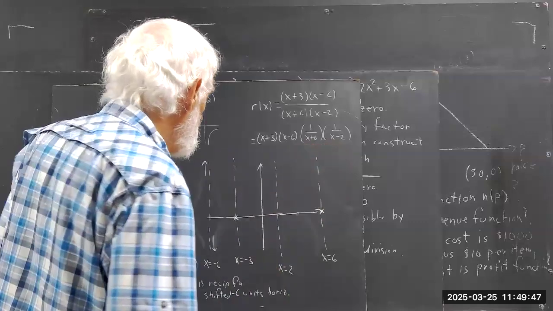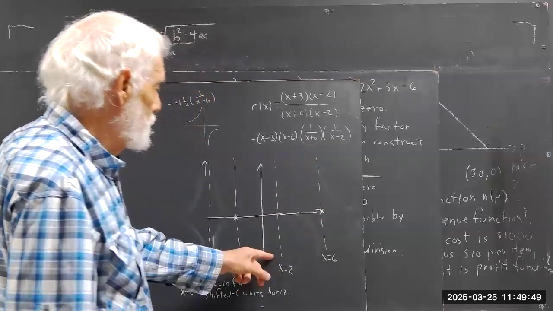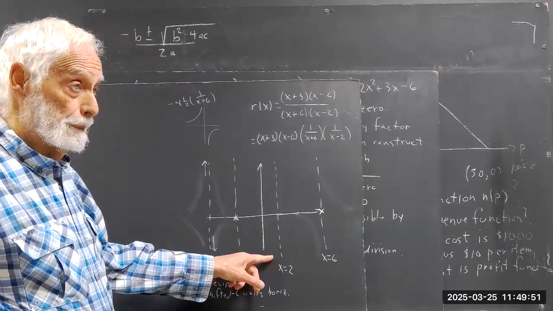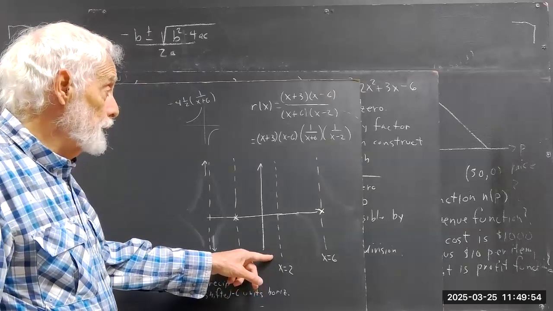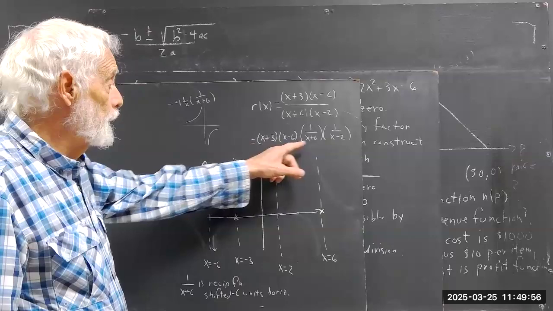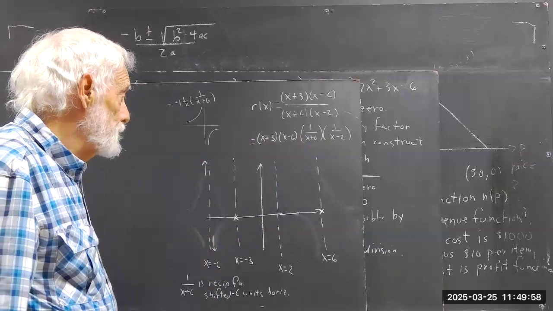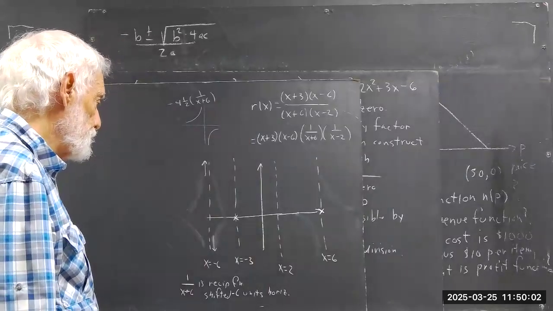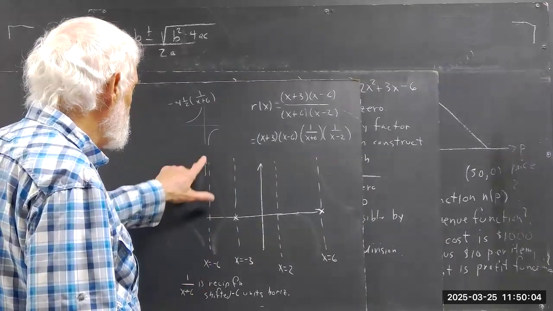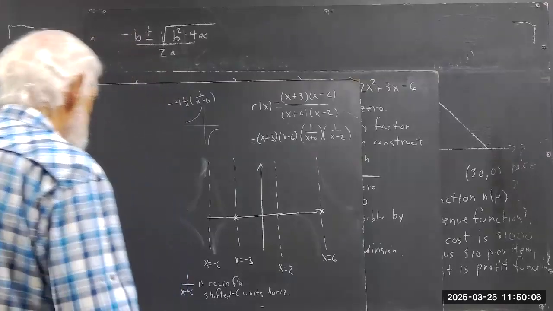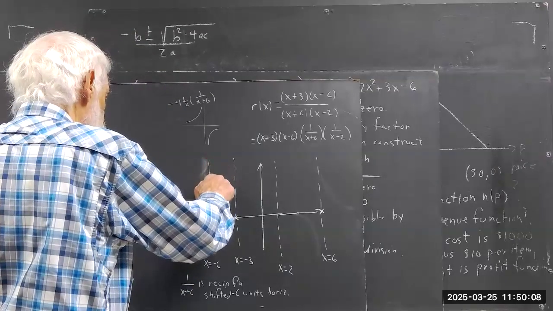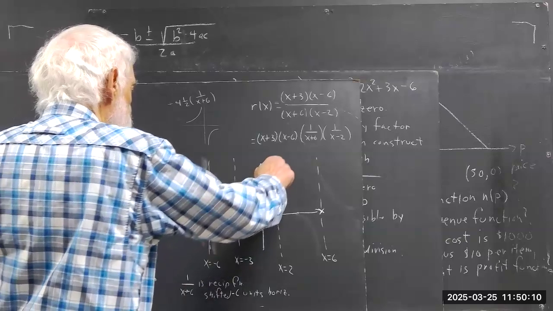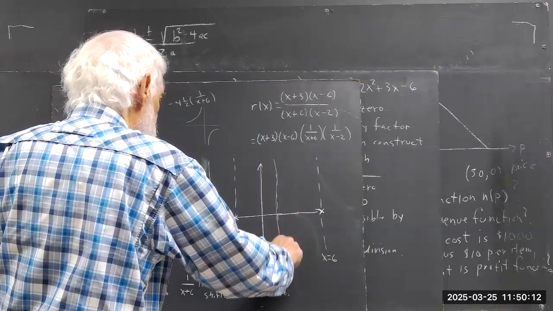Similarly, at x equals 2, we're also going to have a vertical asymptote. We could plug in x equals 2 here, here, and here, and see that, again, we're going to get a negative, so we can figure out where the vertical asymptote is. Right now, all we're going to do is make this line a little more solid.